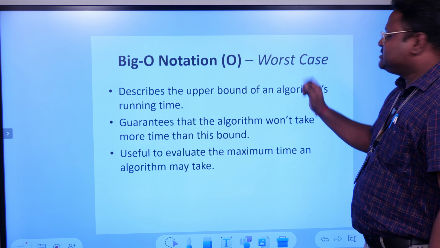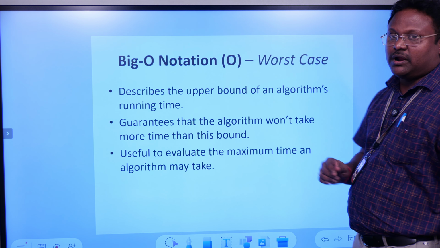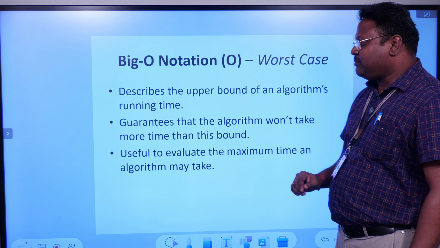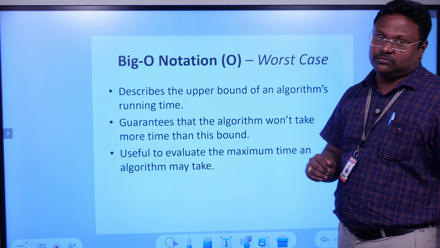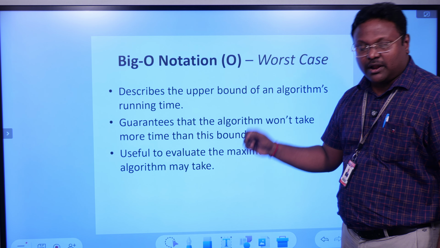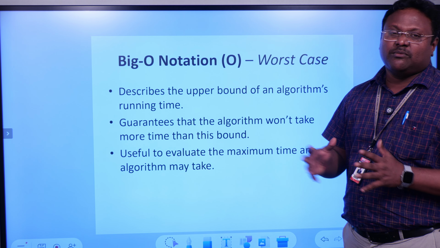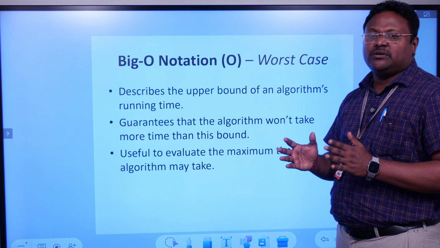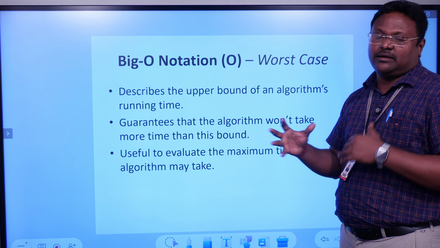Big O notation: the first heading describes the upper bound of an algorithm. The running time guarantees that the algorithm won't take more time than its bound. It is used to evaluate the maximum time an algorithm may take for finding the time complexity, and how difficult the algorithm is.